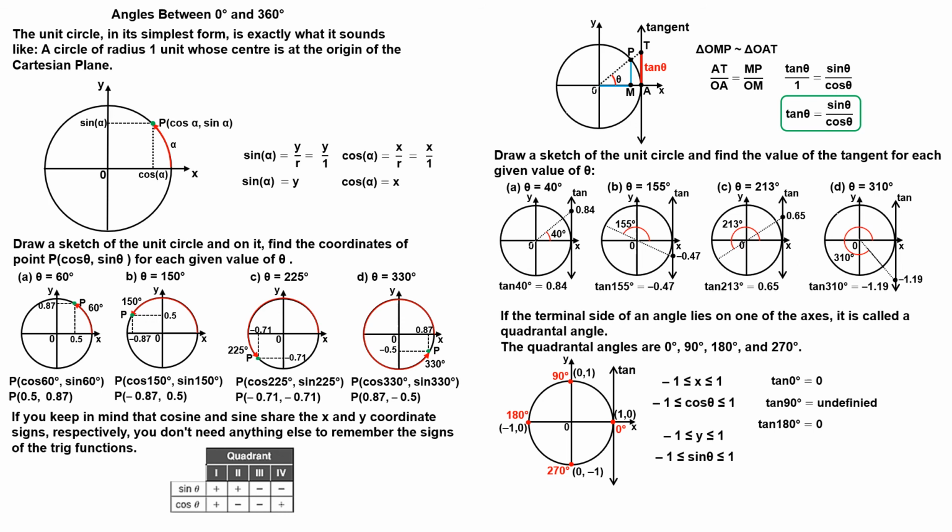The fourth quadrantal angle is 270 degrees. The tangent of 270 degrees is the sine of 270 degrees divided by the cosine of 270 degrees. -1 divided by 0 does not exist. Therefore, the tangent of 270 degrees is undefined.